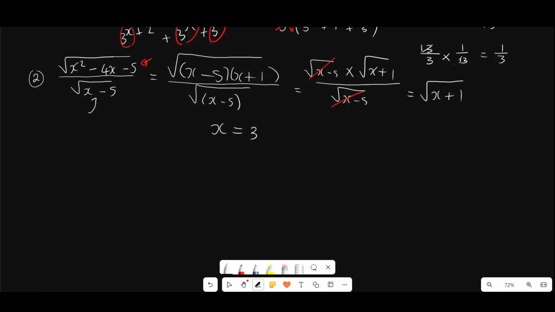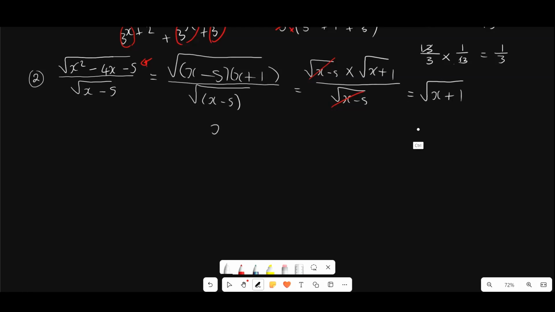Because here I will have a negative number under the root. So x can be any value, but it cannot be a number that will give you a math error. So first double check your x value here. If it works, then that number will definitely work here as well, right?